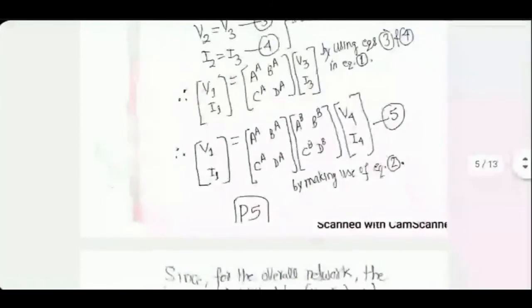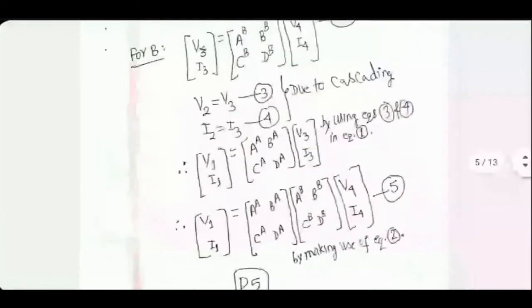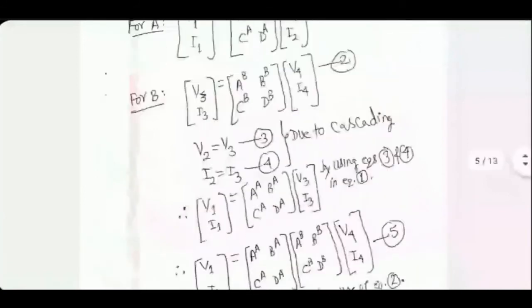So if you take equation 1 and you know that V2 is V3 and I2 is I3, I can write equation 1 by replacing the column matrix on the right hand side by V3, I3. But the V3, I3 column matrix is also given by equation 2.